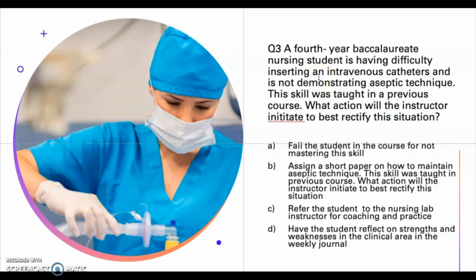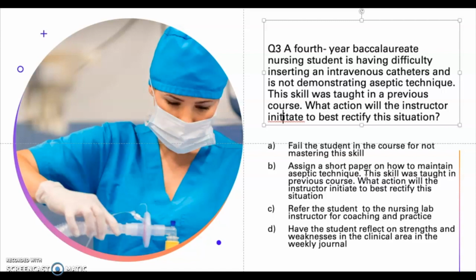A fourth-year baccalaureate nursing student is having difficulty inserting intravenous catheters and is not demonstrating aseptic technique. This skill was taught in a previous course. What action will the instructor initiate to best rectify the situation? A. Fail the student in the course for not mastering the skill.